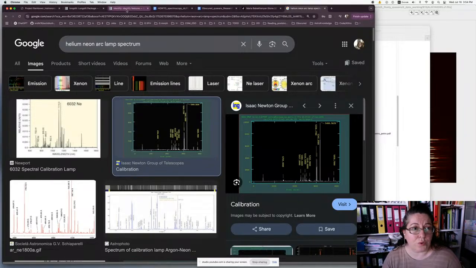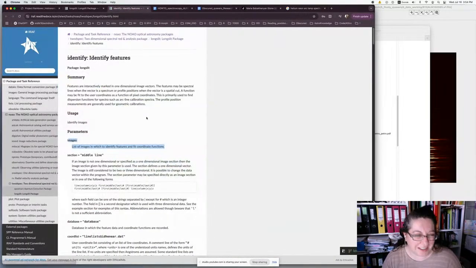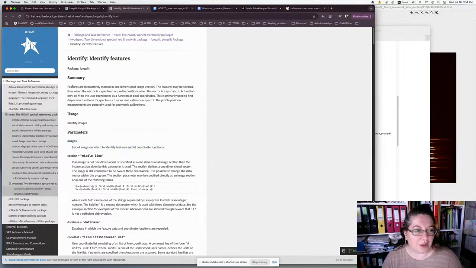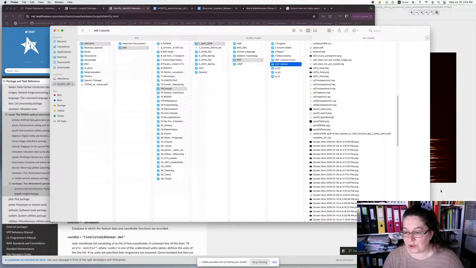What does it do then on this 1D? You mark features, the user interactively marks features in one-dimensional image vectors. So this is what it is. A one-dimensional image vector is basically the 1D spectrum, because we're doing spectrum extraction.